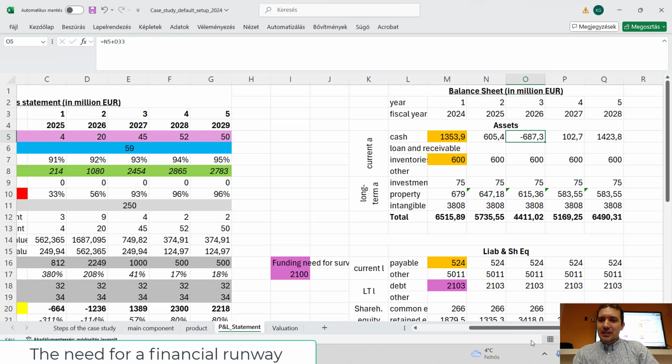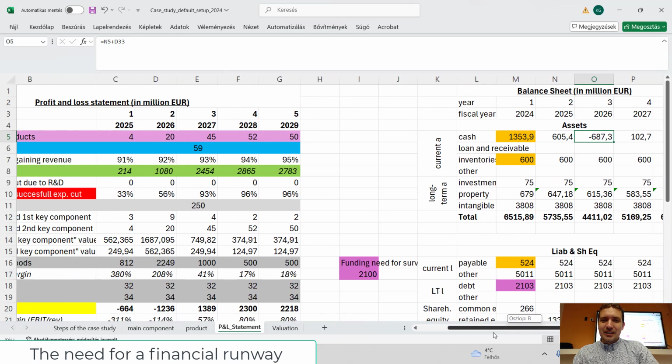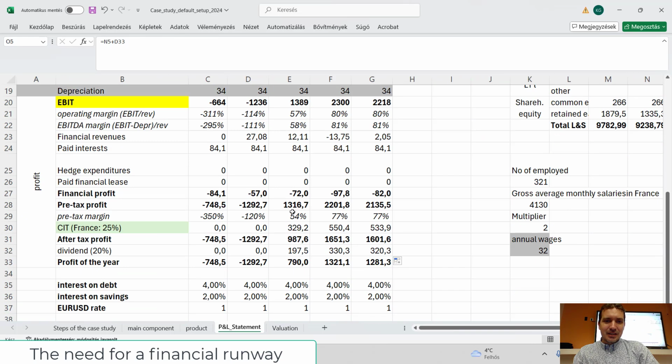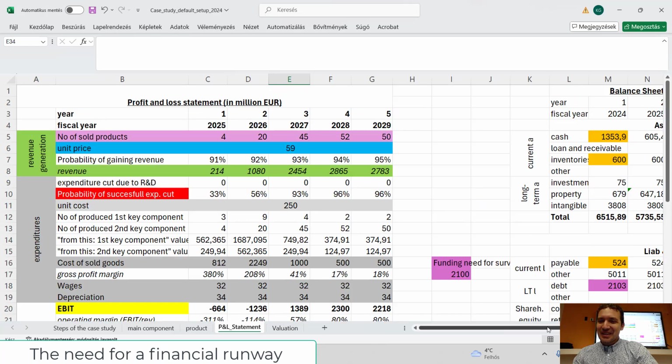Third year. Something went wrong here. We started to pay taxes. Paying taxes is bad for companies. So I'm even losing more money than before because of tax payments.